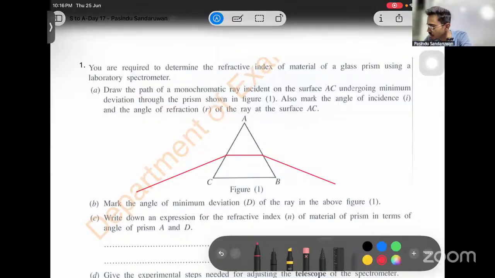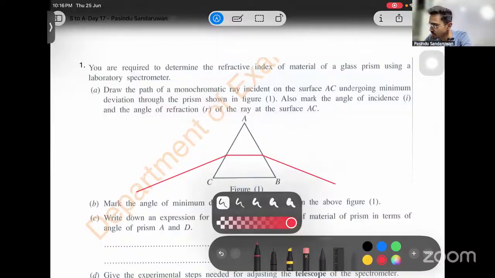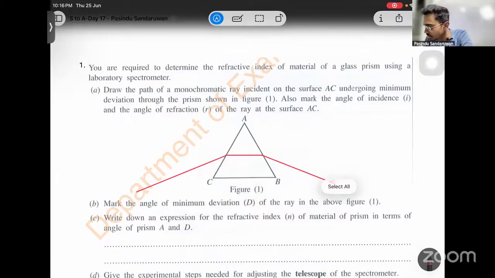Then we have to draw the normals. Here we have one normal, and here we have another normal for this surface. Then the angle of incidence is here. We have to put the arrows also; putting arrows is a must.